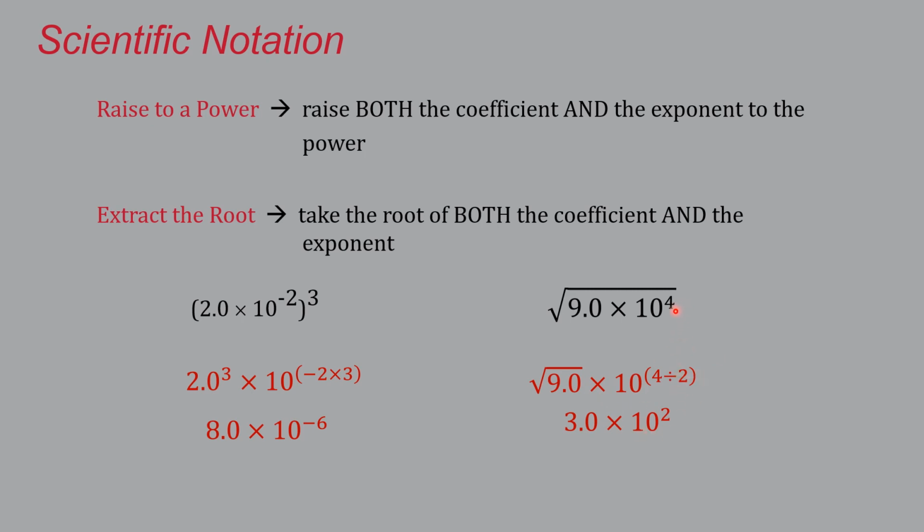To raise that exponent to a particular power, multiply by it; to take that particular root, divide by it. So we get the square root of 9, which is 3, and then times 10 to the exponent here, 4 divided by 2, or just 2. Again, for both of these, make sure that you get that same answer with your calculator. And again, if not, we can zoom in and I can look at your calculator. We can make that work.